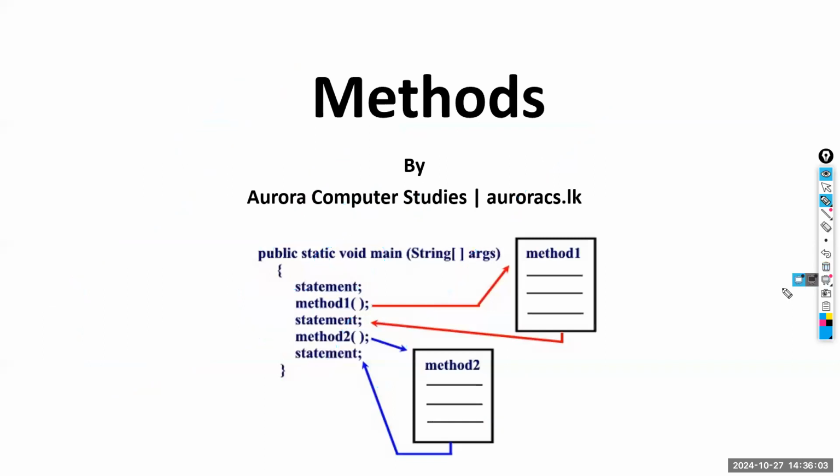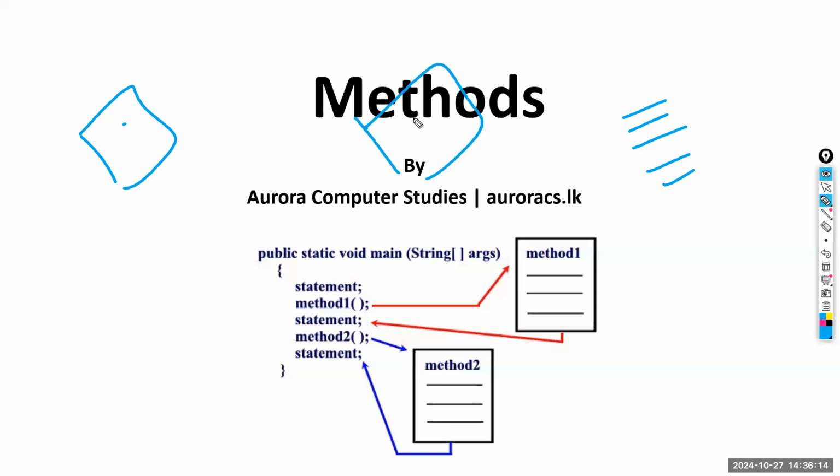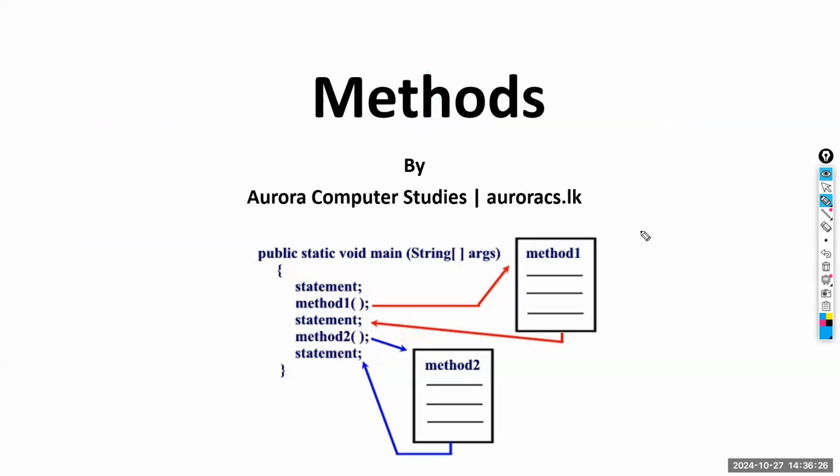Right. So what is a method? When we do processing, sometimes we need to do the same thing over and over. Maybe on this screen there's a validation, and the other screen also has the same validation. Here we get a database connection, and for some other operation you also need to get the database connection. If you keep writing the same code again and again, that is a waste of your time.